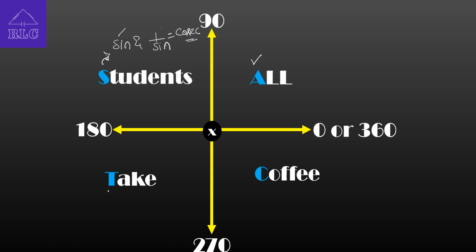Similarly, in the word take, the first letter represents tan and its inverse, 1 by tan, which is nothing but cot x. It is positive. Similarly, in coffee, C represents cos and its inverse 1 by cos, that is nothing but secant, is the only positive function in the fourth quadrant.